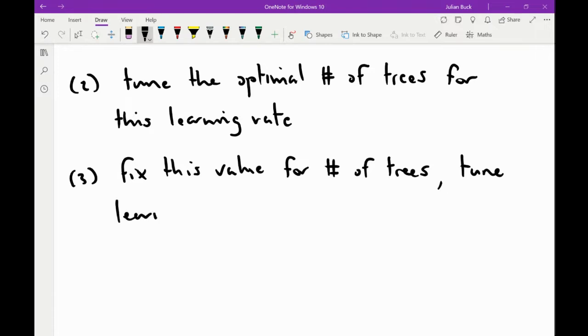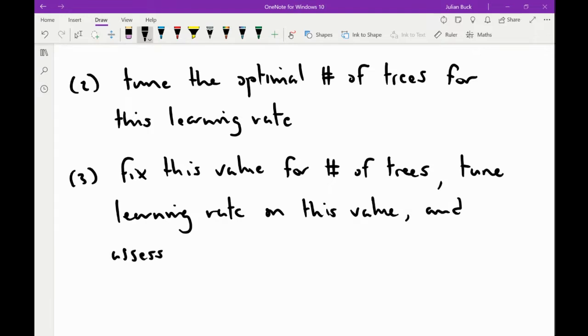Tune learning rate on this value, and assess, at this point, performance versus runtime.